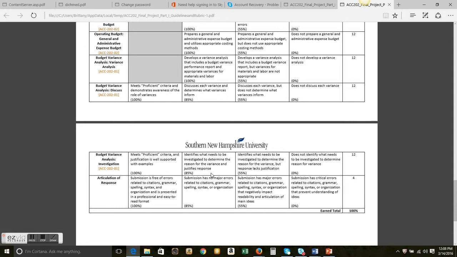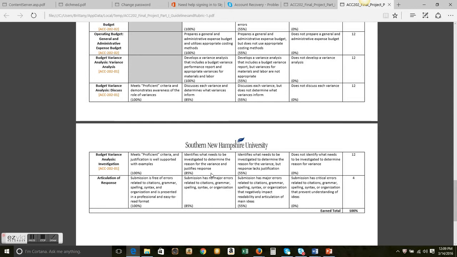You need to justify that response to get to the proficient. To get to exemplary, you have to, again, meet the proficient level, and your justification is well supported with examples. So if you're suggesting that we need to cut production, then you need to be able to justify it and provide an example as to how that is relevant to the variances and what they're informing us.